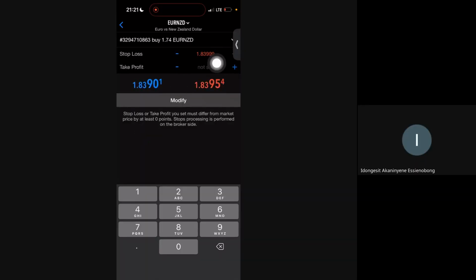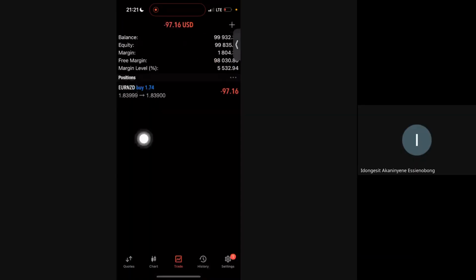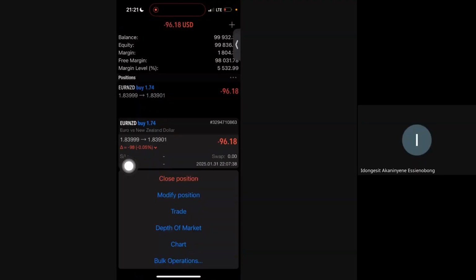The current price is lower than our entry price already, so I'm not able to input this. But if it was higher and we were in profit, we'd be able to input this. So let me input a stop loss. I entered a buy position, isn't it? Yeah, it's currently lower than our entry price.